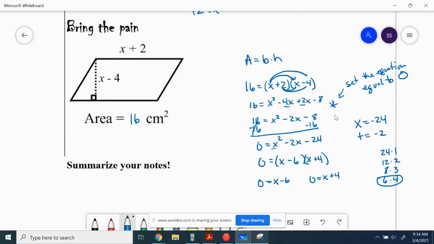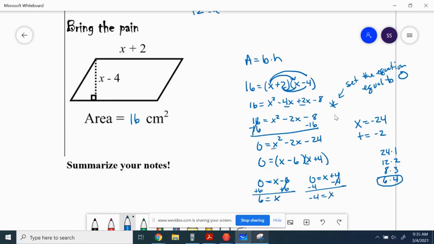All we have to do is solve our equations. What number minus 6 equals 0? Well, that would be positive 6. If you're not sure here, you can just isolate the variable just like we normally would, and we're left with 6 is equal to x. And for this one, we want to isolate the x by subtracting 4 on both sides. So I'm left with x is equal to negative 4.